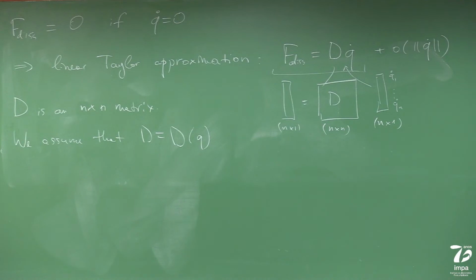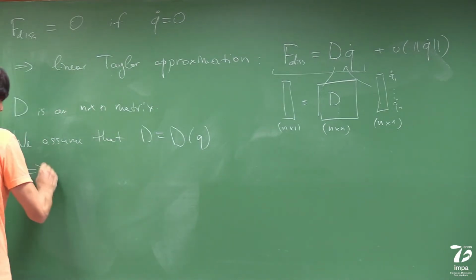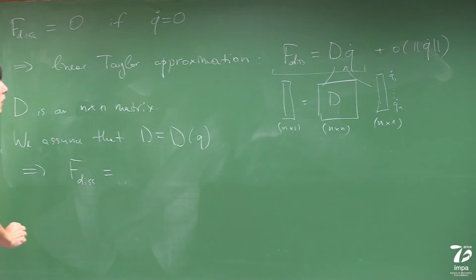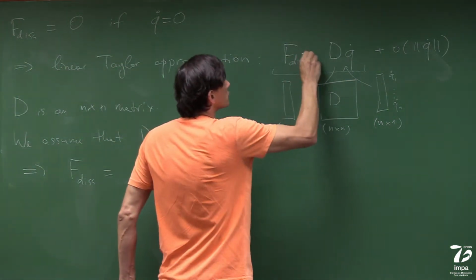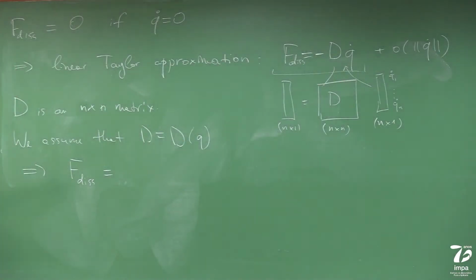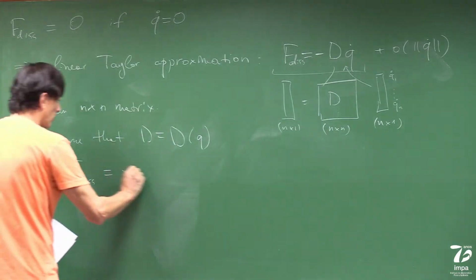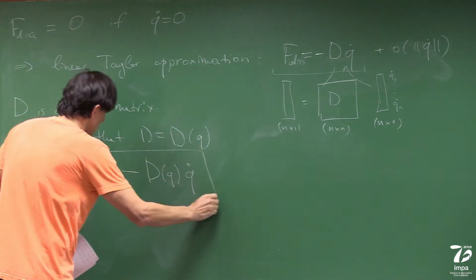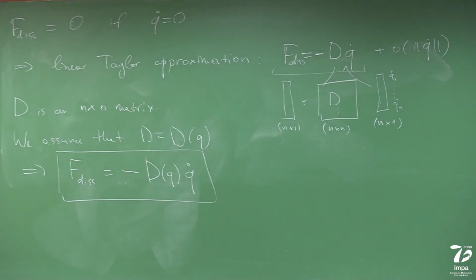So whenever you have these two assumptions, and you use Taylor expansion, and the coefficient depends on the position, then you have a model for your external dissipative force, which would be, let's put a minus here, because the minus is just to point out that the force is always resisting your motion. So if you move forward, the force usually looks backwards. So it's minus D q dot.